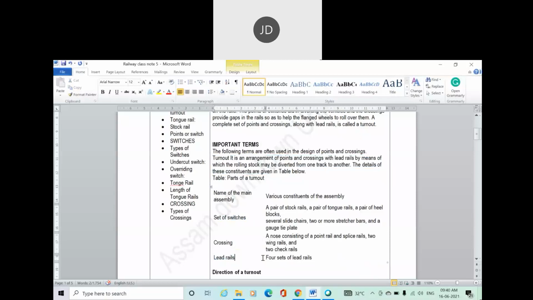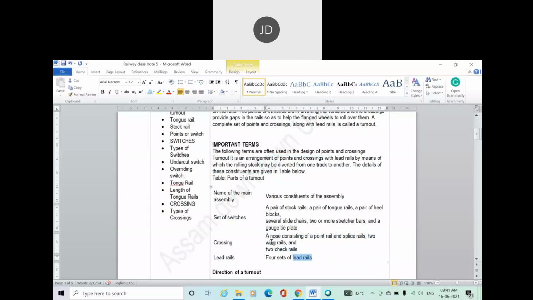Four sets of lead rails are required for that. One nose consisting of point rail and splice rail is also provided, and two wing rails and two check rails. What is a wing rail, what is a check rail, and what is a lead rail, we're going to discuss.